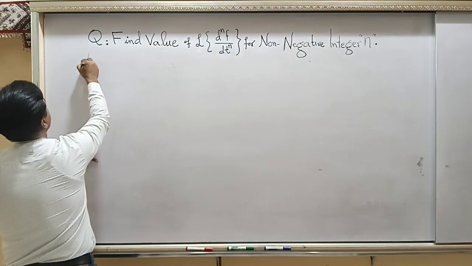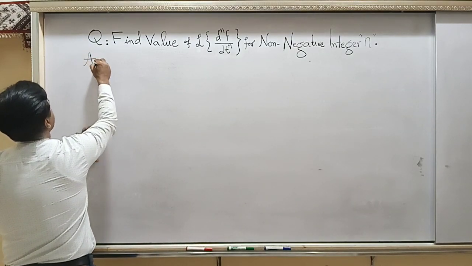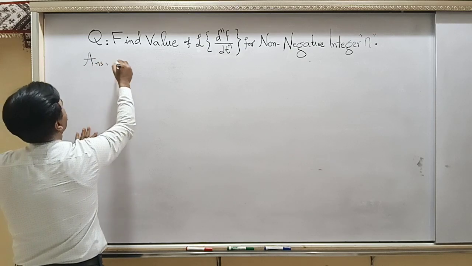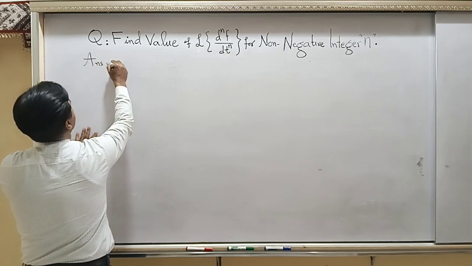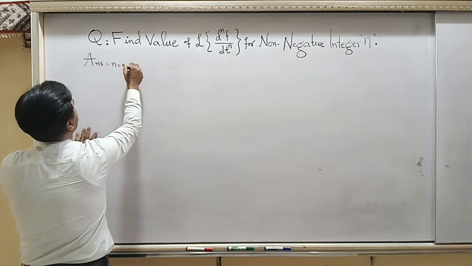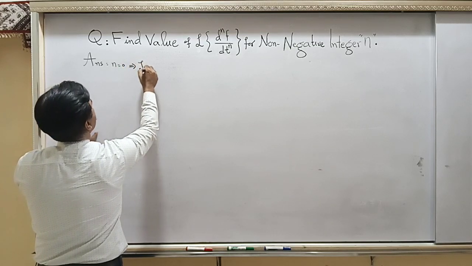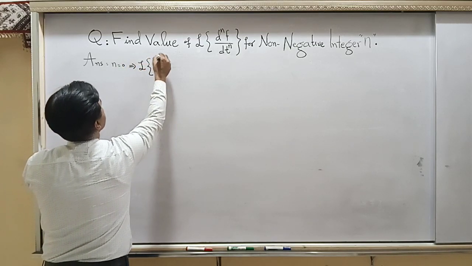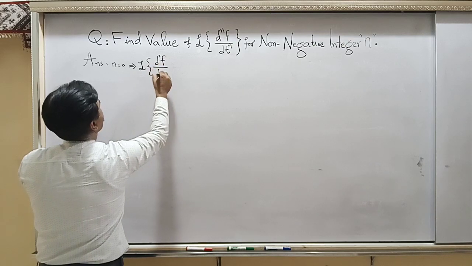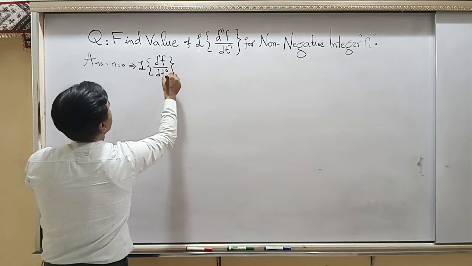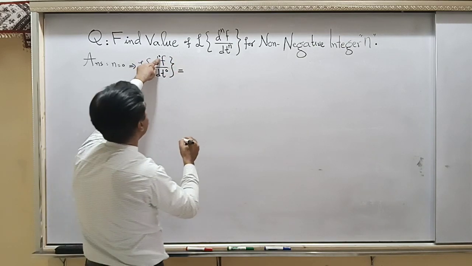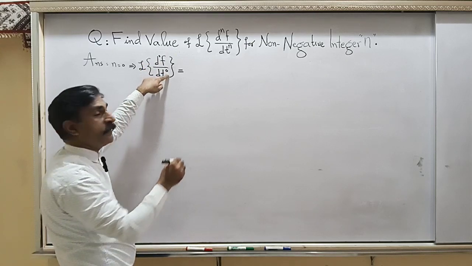So here your answer goes. Answer for n equals 0 implies the Laplace transform of d0 by dt0. And this 0 means 0th order of derivative, that means no derivative.